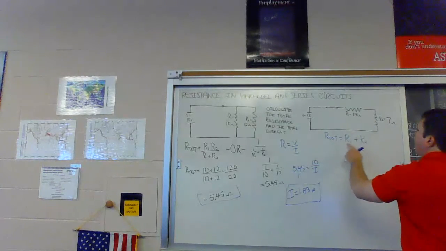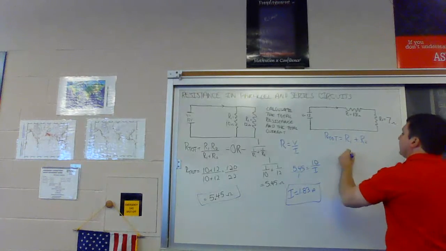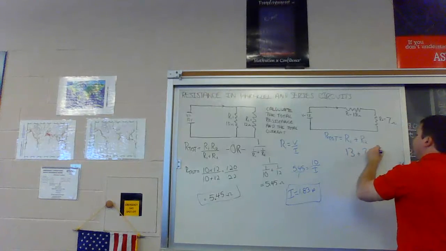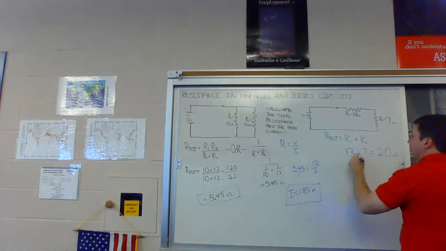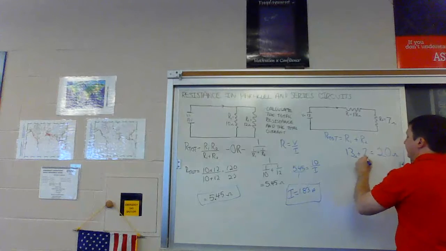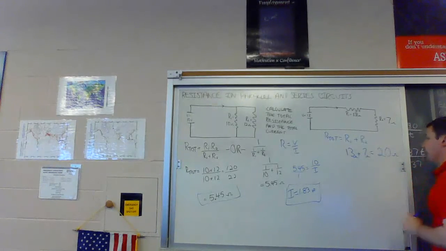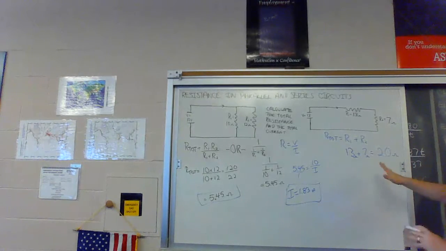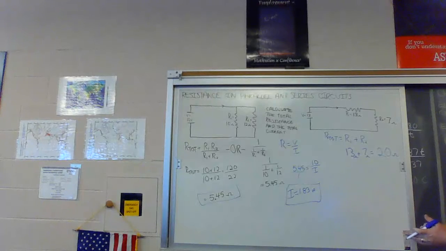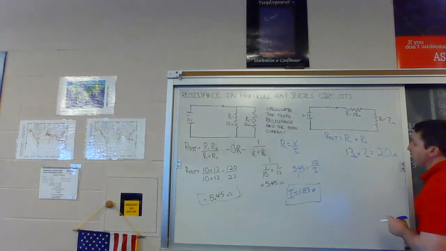Okay, so we have 13 plus 7, which of course is 20. And here are my omegas in there. You don't have to have that in there, but just FYI, just to complete the process. But then what you want to do is, again, solve for the current.